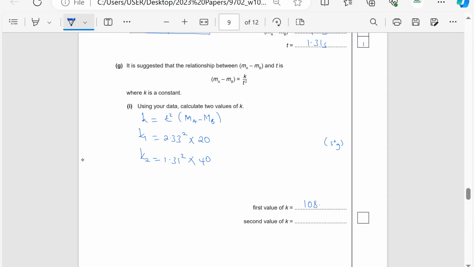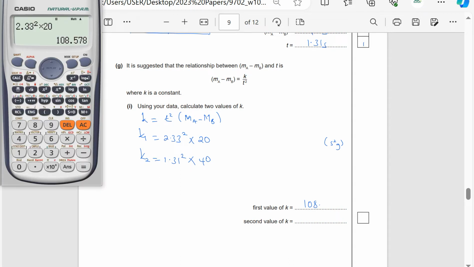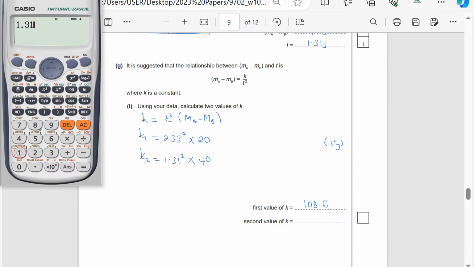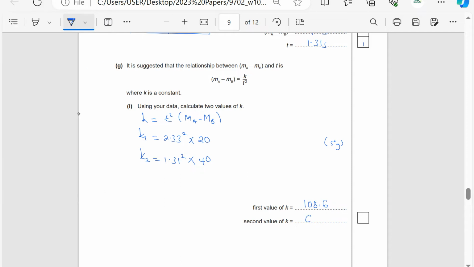108 point. She recorded 108.6. And then the second value of k, 1.31 squared times 40. So she has 68.6.